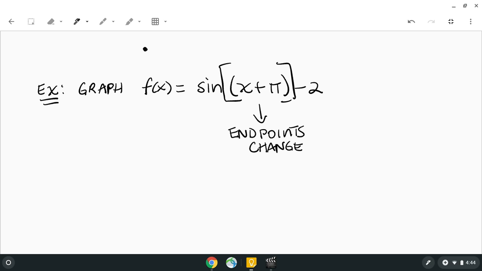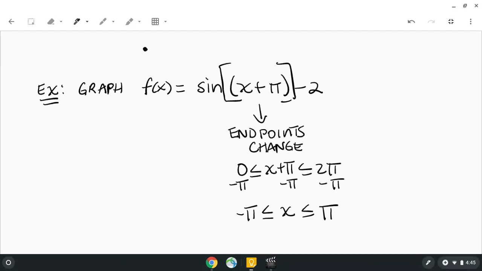So even though that's clearly a shift left, I want you to get used to doing this calculation here. It changes the endpoints. So instead of 0 and 2 pi, you're going to take whatever's inside here, which is x plus pi, and you're going to solve for x. So we're going to subtract pi in all three sections.